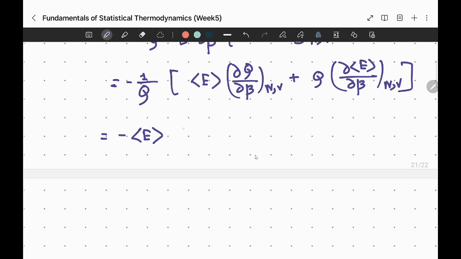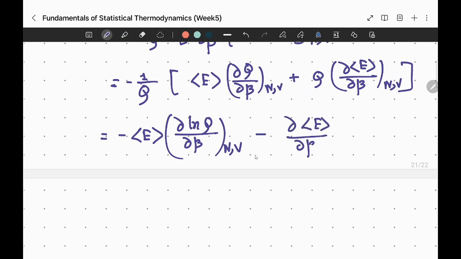It can be written as minus dln Q del beta at N, V. And the second term, cancelling out Q and 1 by Q, will be just del E average del beta at N, V.